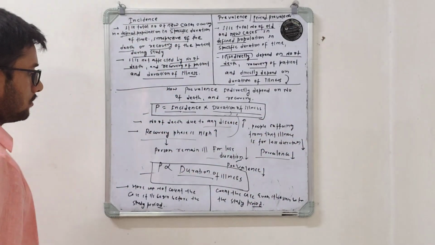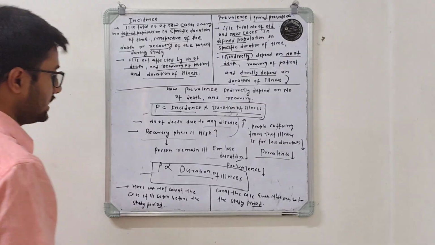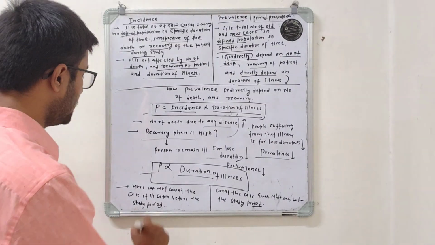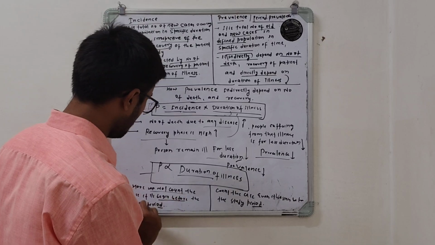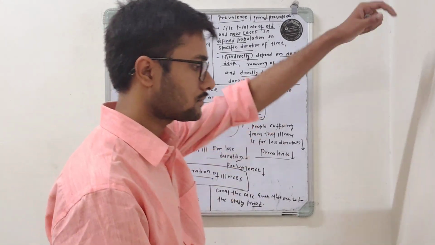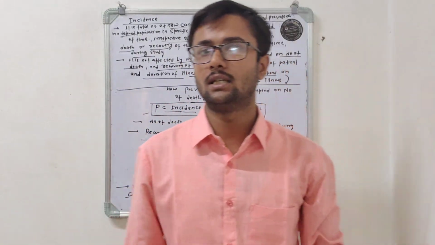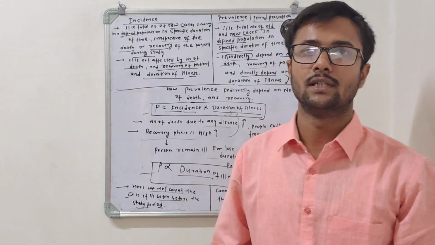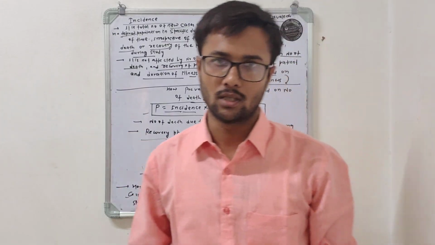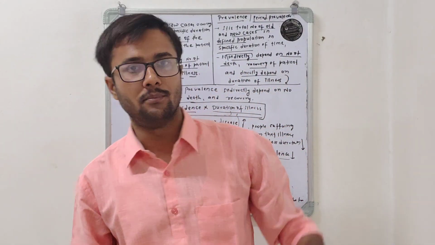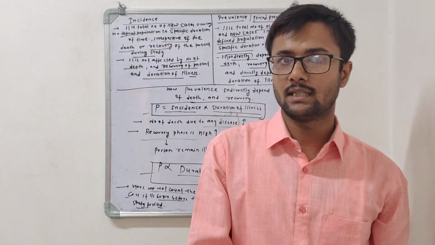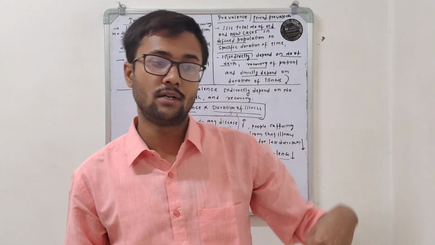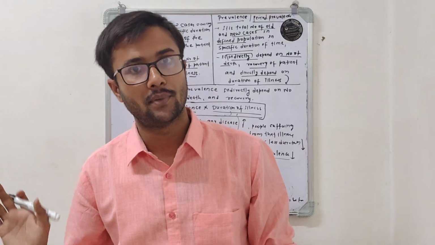So one more important point: in the case of incidence, we do not count a case if it began before the study period. Let's suppose we take the study period of 1st January to 31st December. If any case began before 1st January, we do not count such a case in incidence, but we count such a case in prevalence.